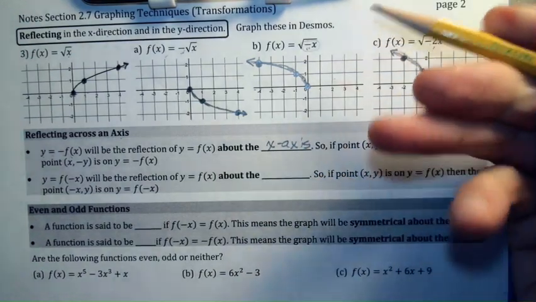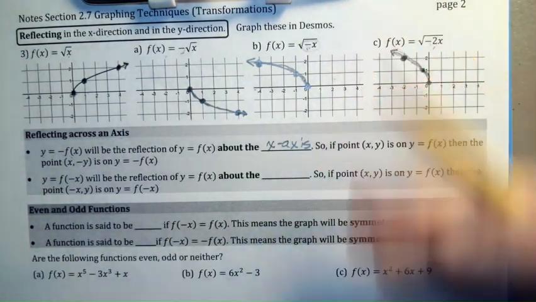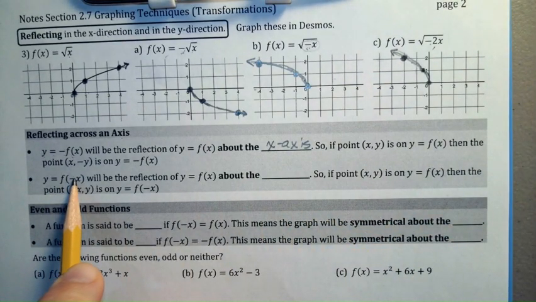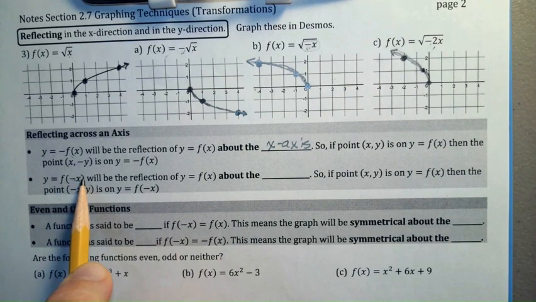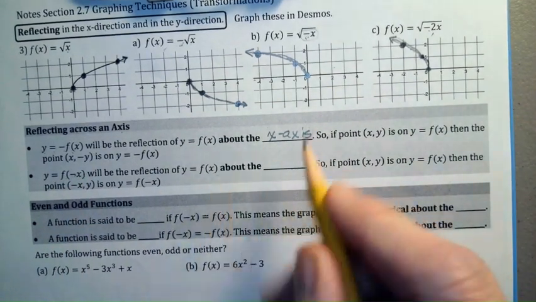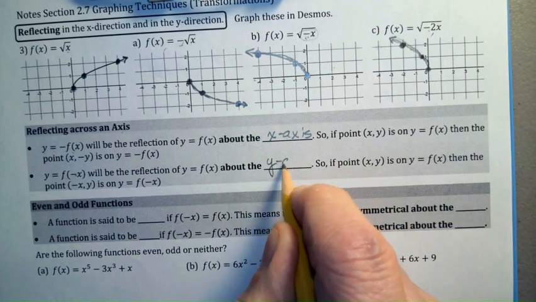All right, so that's a vertical reflection. And then if we have a negative of the x, so f of -x, then we reflect the original function about the y-axis.